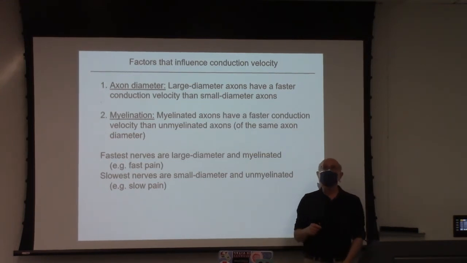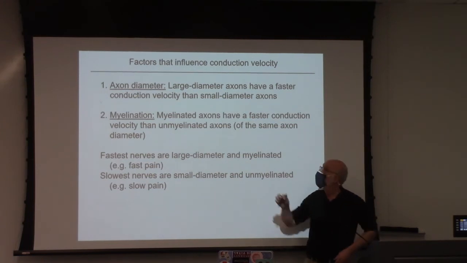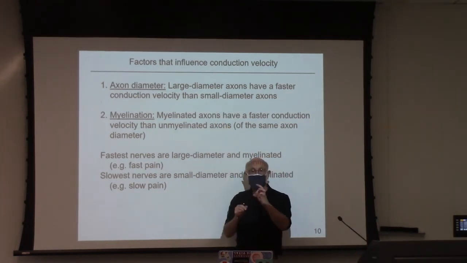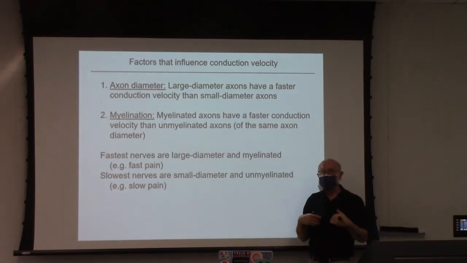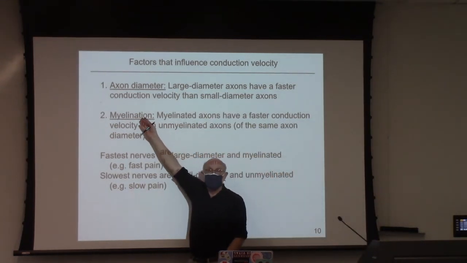So animals like mollusks, squids, octopuses, they don't myelinate. If they need to propagate fast, they make big diameter axons. We, animals, mammals and other animals, evolved a mechanism for myelination.